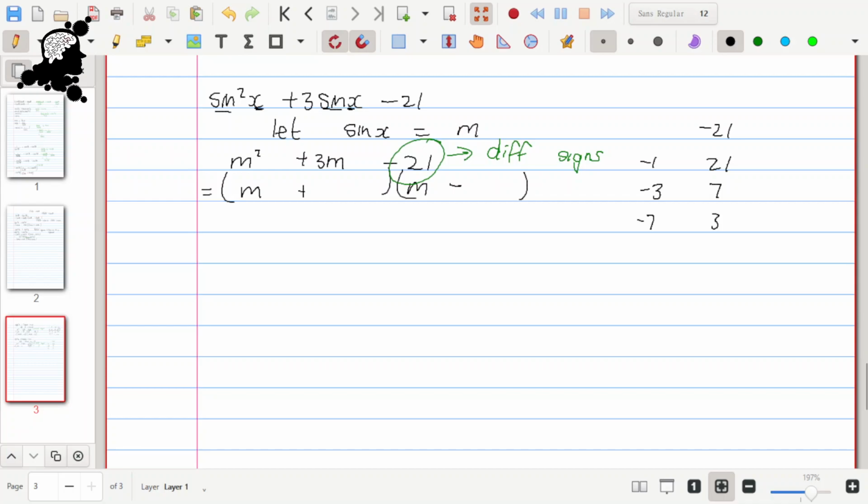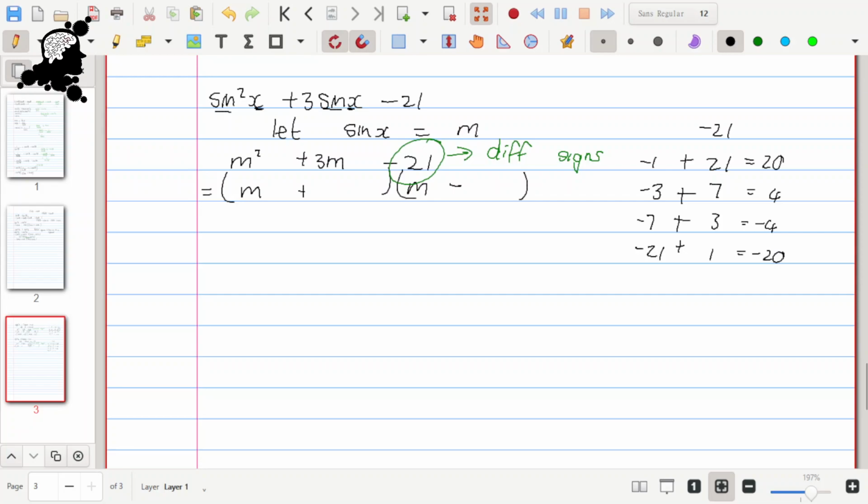I then have, let's see, negative 21 and 1. Now, when I add these, you will see that negative 1 plus 21 gives me 20. Negative 3 plus 7, it's going to give me 4. Negative 7 plus 3 is negative 4. Negative 21 plus 1 is negative 20.